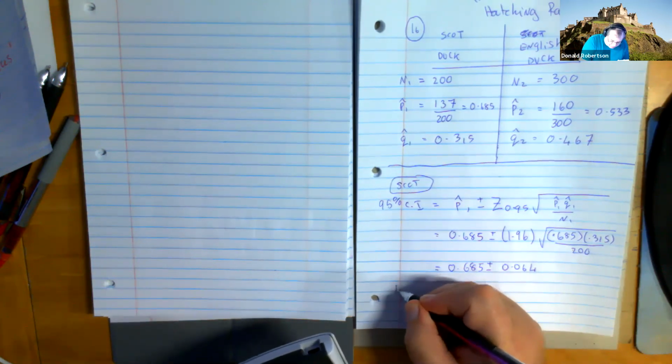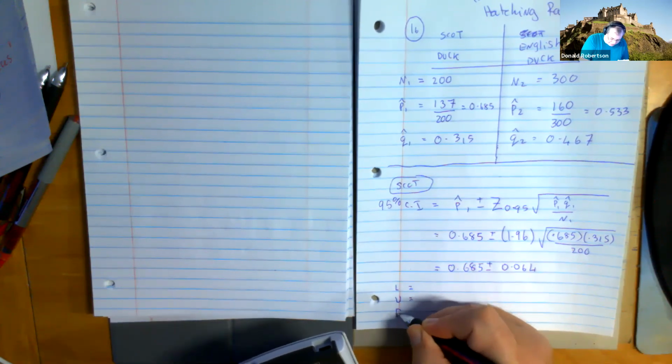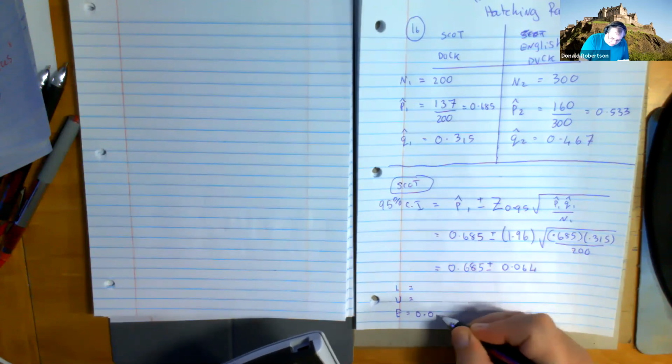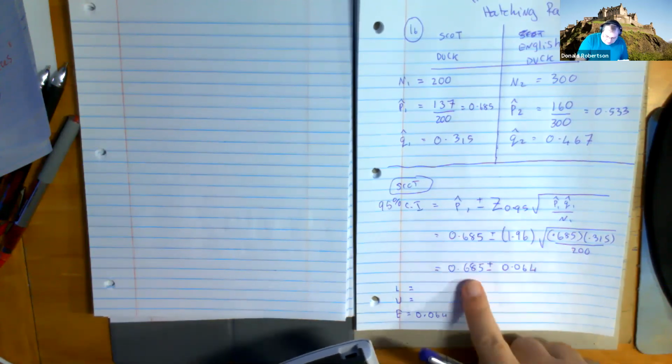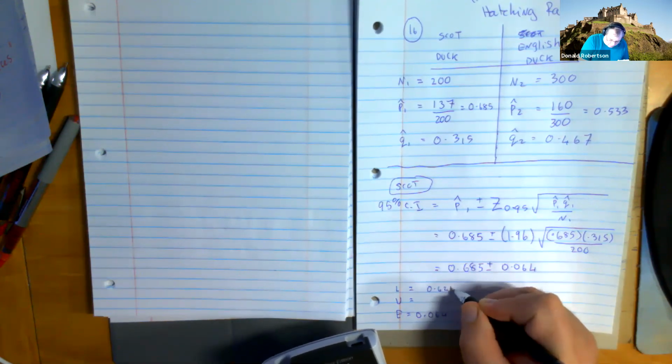And so I'm going to have a lower limit and an upper limit and a margin of error. Well, I know the margin of error is 0.064. Take that away from that. Let's see what you get. 0.685. Take away 0.064, and you get 0.621.